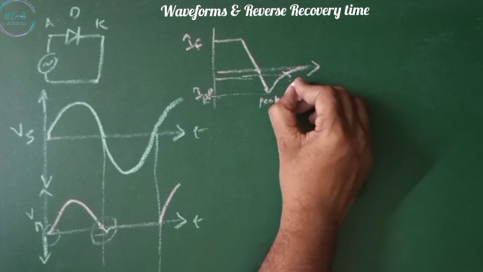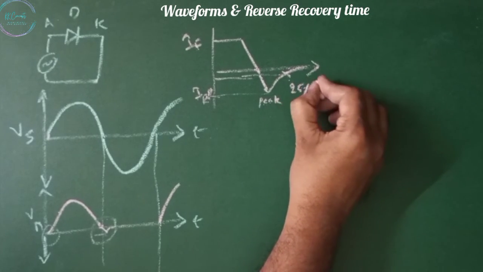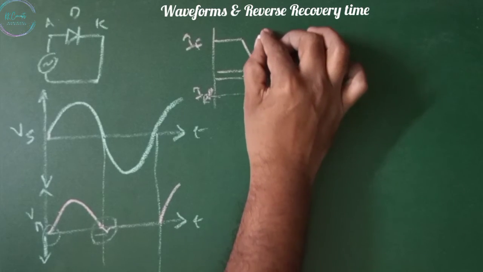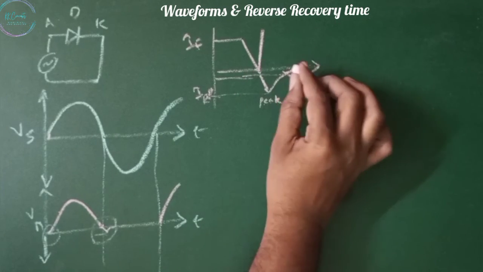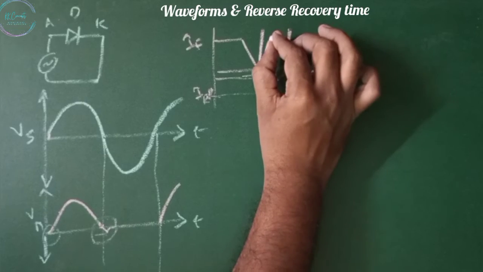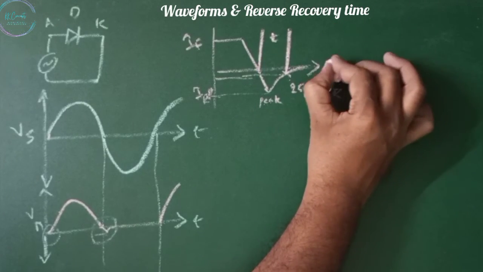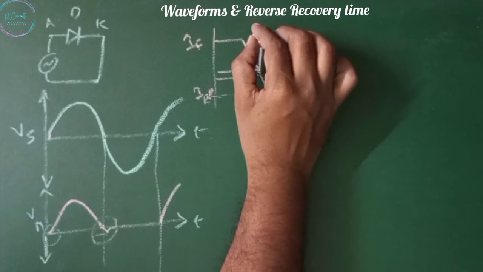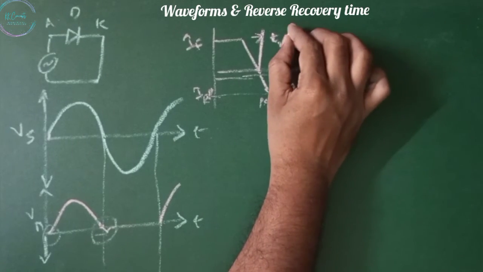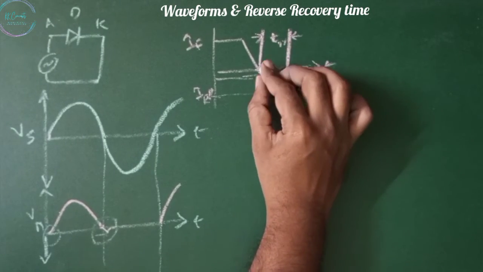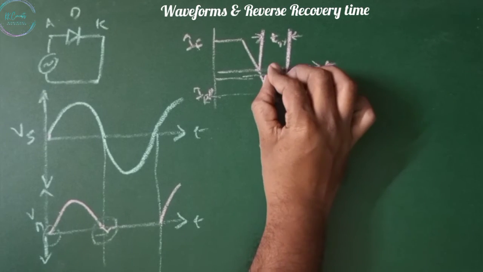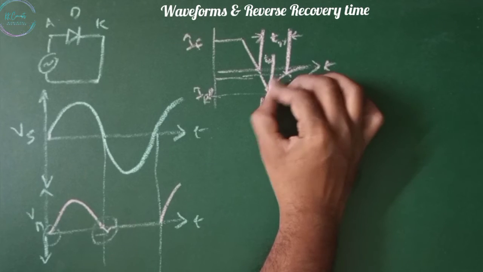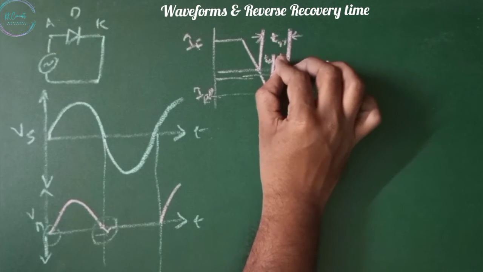This point is 25% of IRR. From the point where it reaches 0 to this 25% point is the time TRR, the reverse recovery time. This is again divided into two parts: 0 to the peak of IRR is TA, and the peak to 25% is TB.